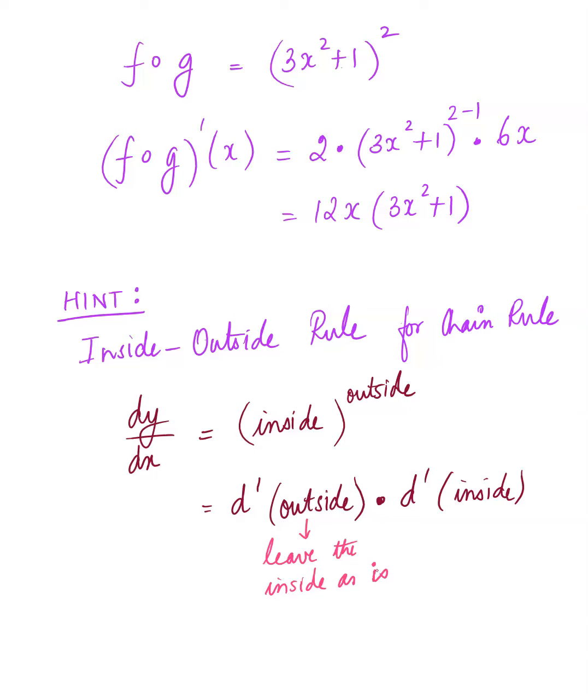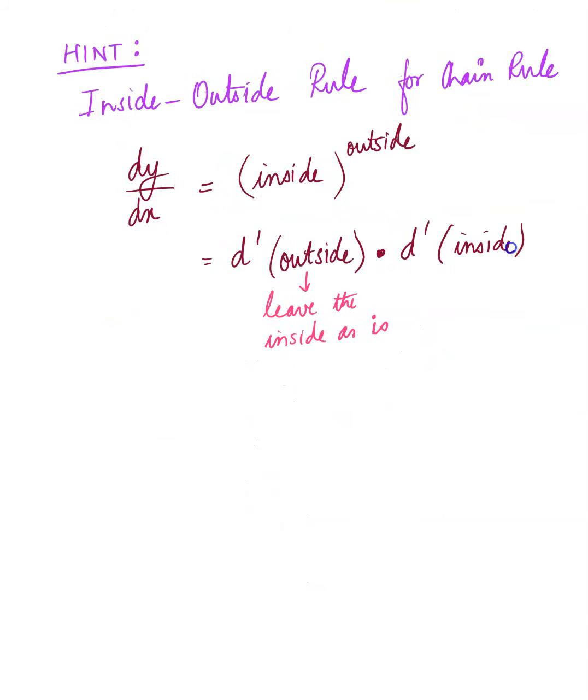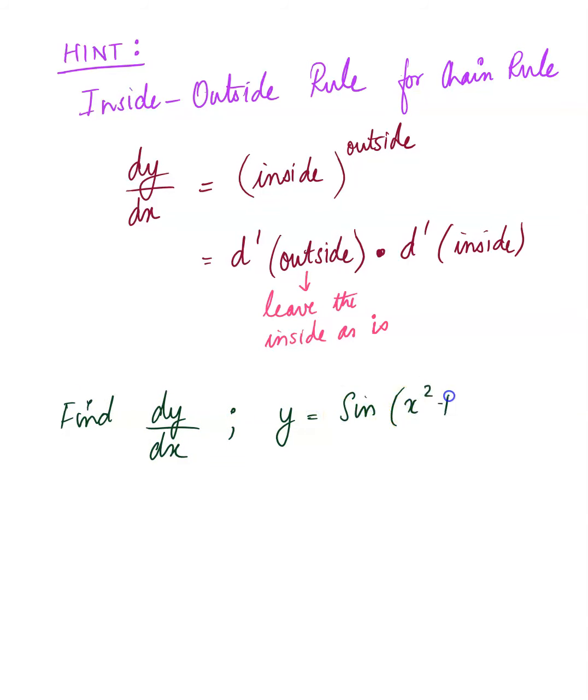Okay. Now we'll do another problem, and we'll try to understand the outside-inside hint. Find dy over dx, and we're given y equals sine of x squared plus x.